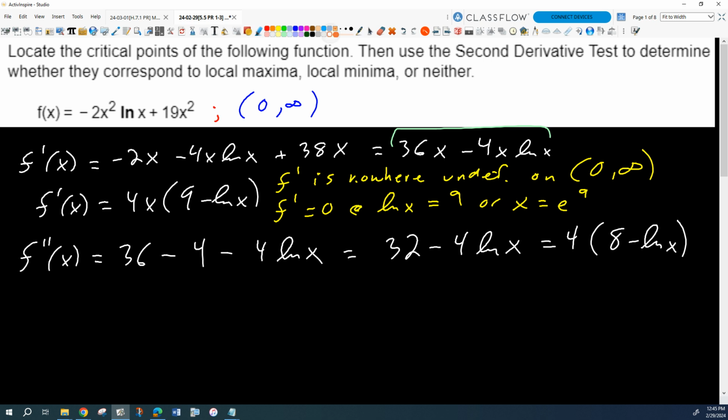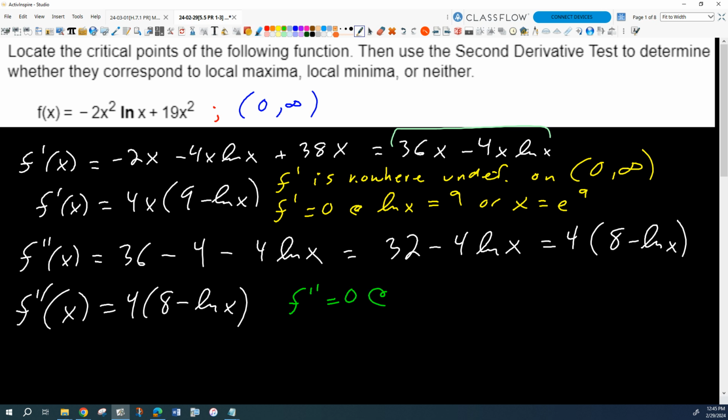Okay, so in fact, I'm going to rewrite that over here so we have it in a convenient space. Factored form. So then we get a 0 of our second derivative at log x equals 8, right? So x equals e to the 8th. Okay. Make sense? Big numbers.